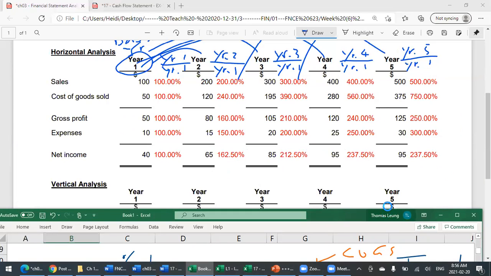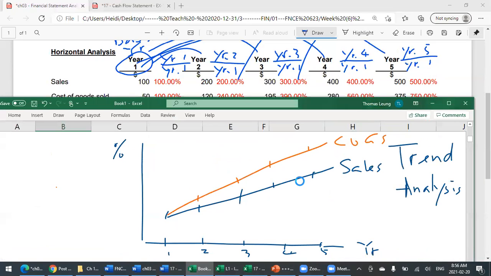I'm not saying it's losing money, but it's becoming harder and harder to make a profit, because the growth of cost is faster than the growth of sales. That's what we can learn from trend analysis as well, right? Because if you're putting different items together, you can have more conclusions. You can tell more about the company's performance.